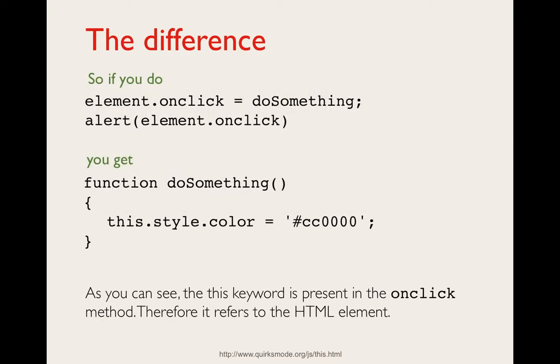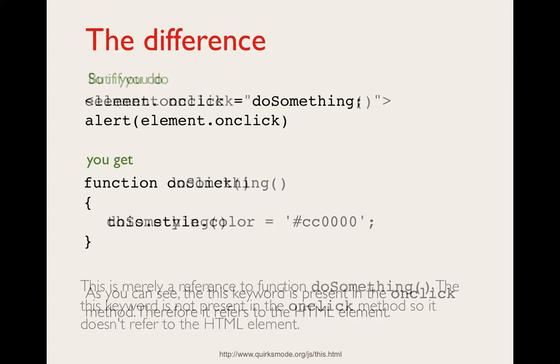So the difference here is if you do element.onClick equal do something and say alert element.onClick, you get the function that's copied into it as a result in the alert. As you can see, this keyword is present in the onClick method. Therefore, it refers to the HTML element.